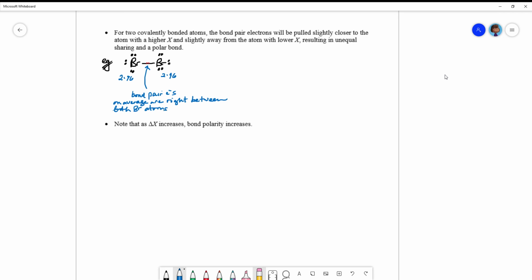And of course, this means that the electrons in that bond are equally shared, and thus this is a non-polar bond, and that's because the bond pair electrons are equally shared.